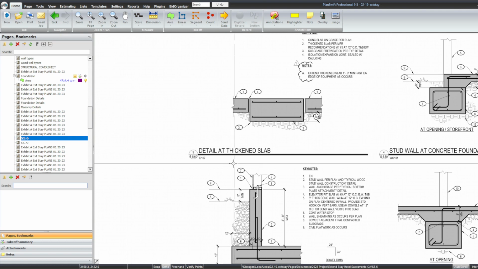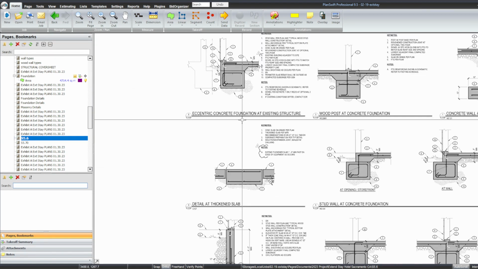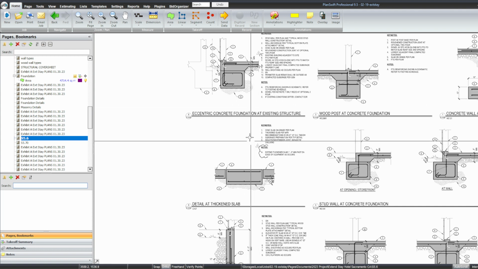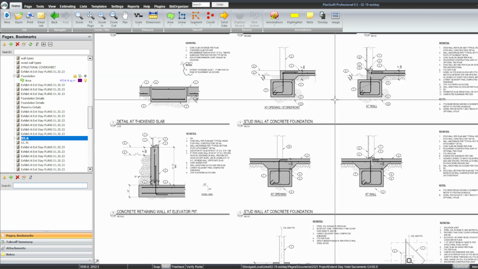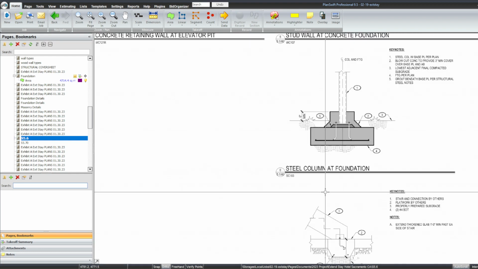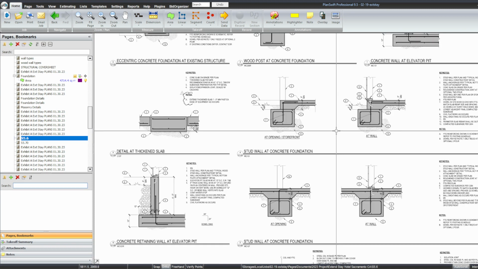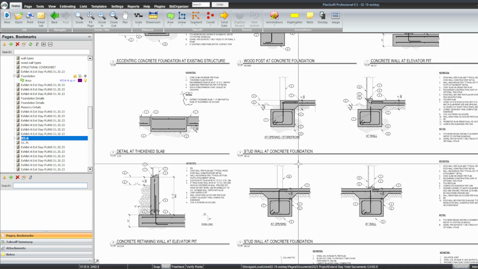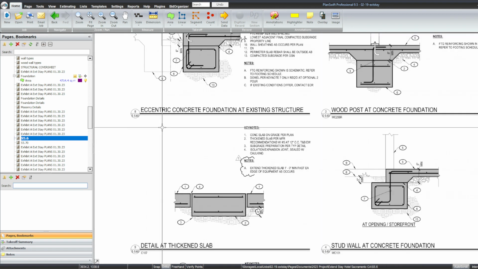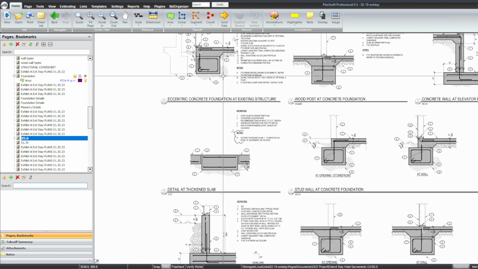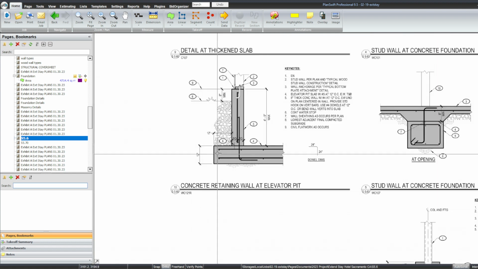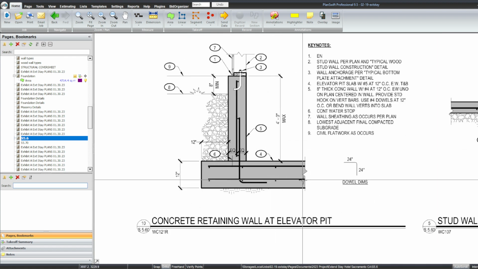So let's see what 10 is looking like. Where's 10? It's so small and I can't see it. Let's find it. Okay, there's 8, 9, 10. This is a totally different beast though. This is a 4-foot wall, straight up, 8-inch thick.